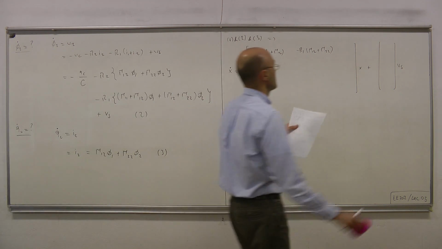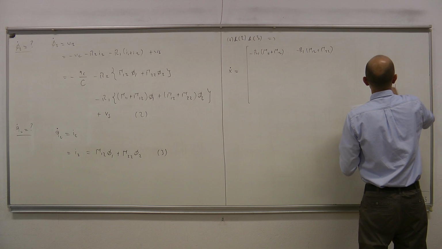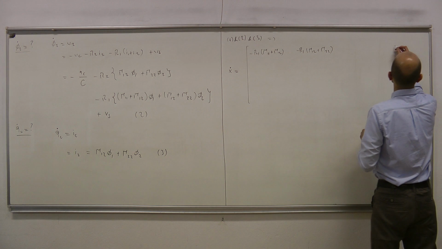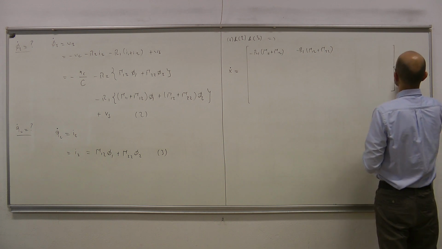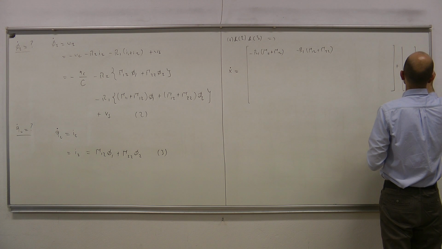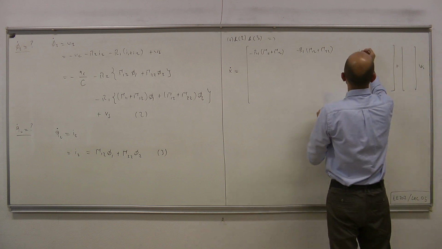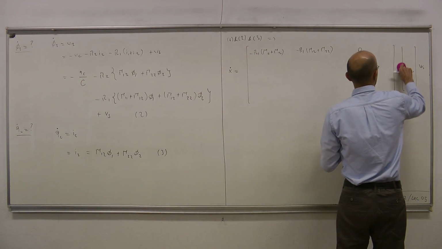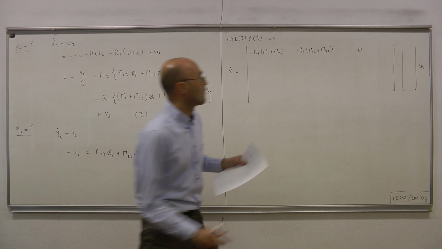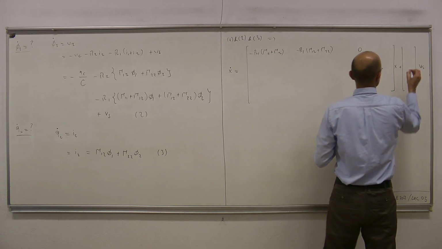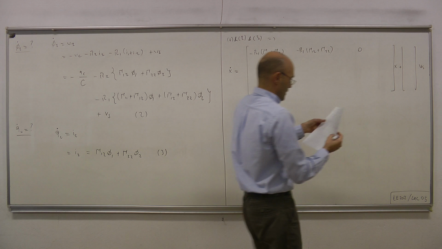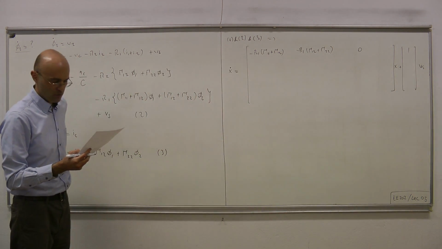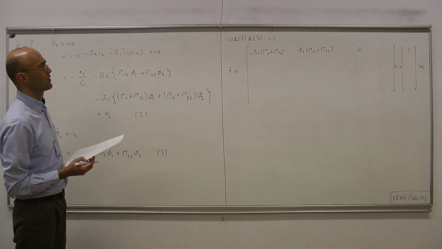Okay, I have to make this a little bit larger. Okay, plus 0 times QC and plus 1 times Vs. That's coming from our first state equation.